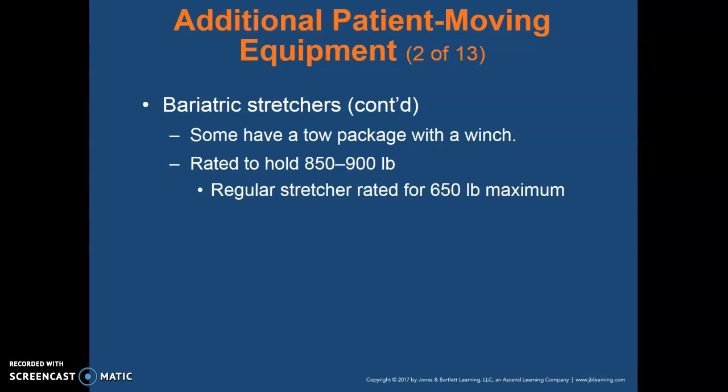And the most important feature is that they can hold up to 900 pounds overall. Regular stretchers absolutely top out at 650. About 400 is the last cot that I used. We didn't go over 400 on it.